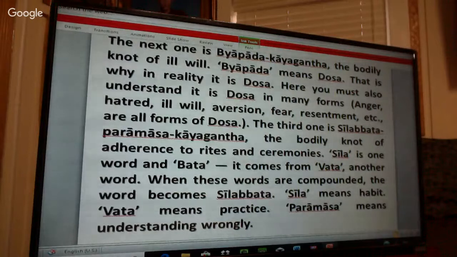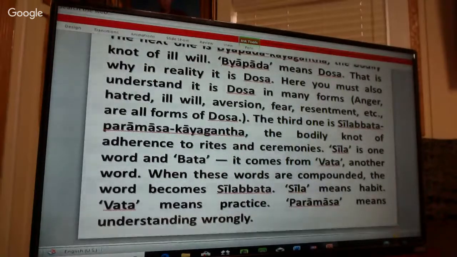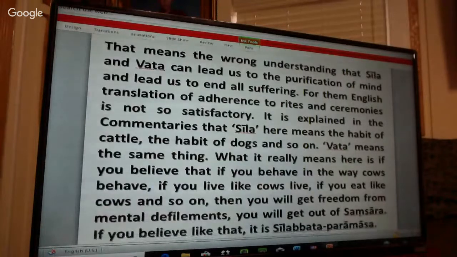But the Buddha's teaching, they don't believe. So it's just Silabbata Paramasa. They don't know about their condition. Very dangerous.